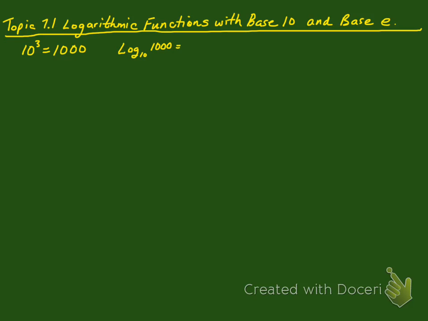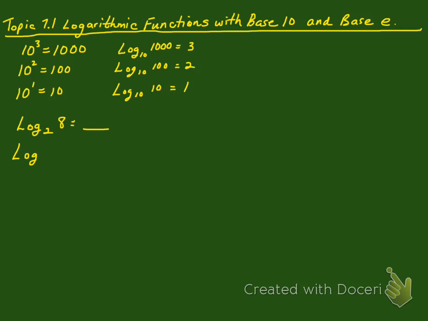That's like saying log 10 of 1,000 is equal to 3. 10 to the power of 2 is 100, and we can say that log 10 of 100 is 2. 10 to the power of 1 is 10, so we can say log 10 of 10 is 1. So logs and exponents are very closely related.